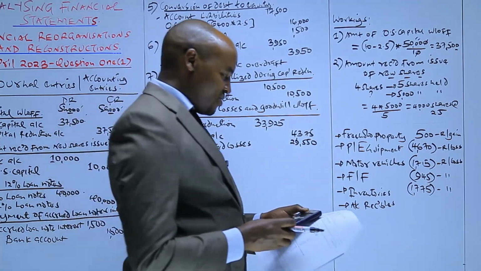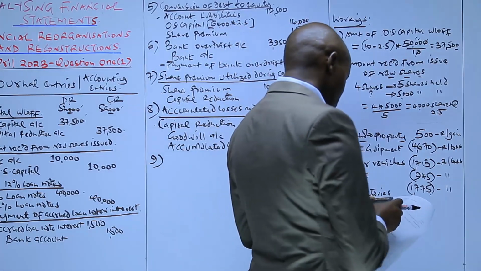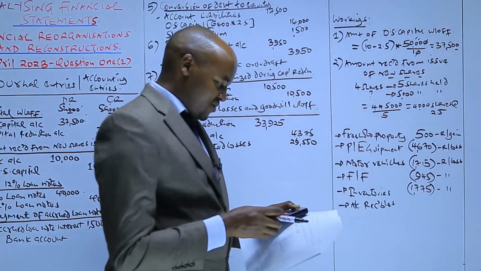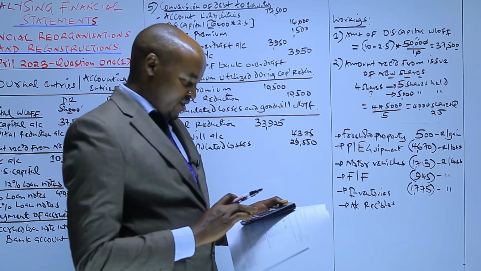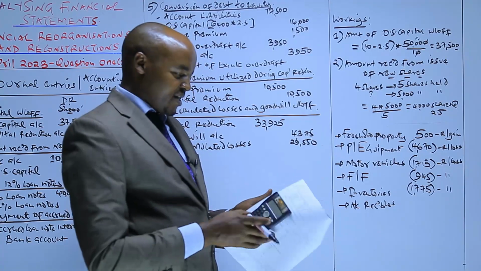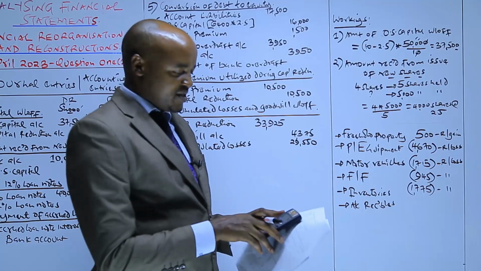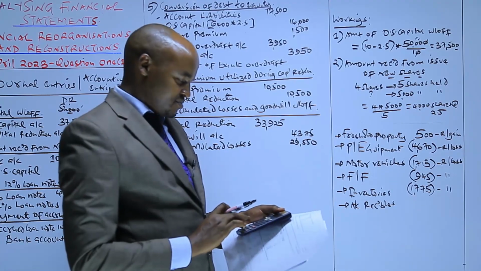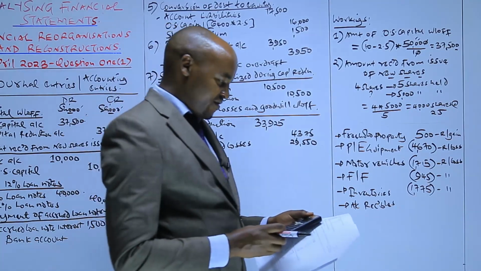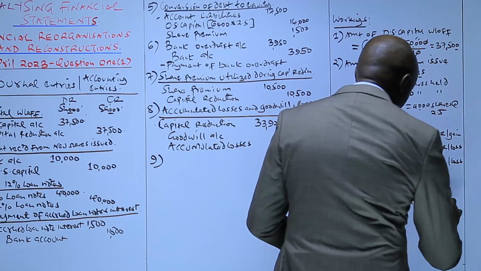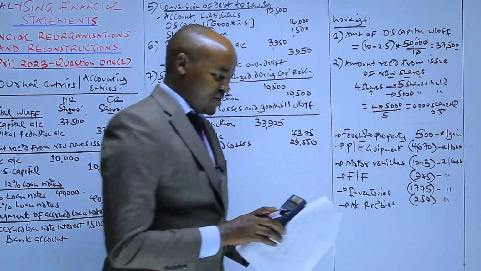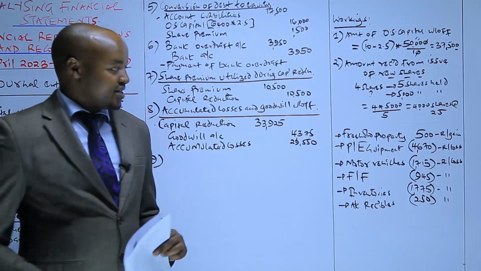So equally, this value was revalued downward. So let's compute that difference again. 2,925 minus the carrying amount, which is 3,175, and that will give us 250, which is equally a revaluation loss. So basically that is the difference.